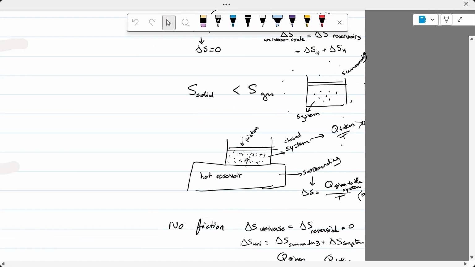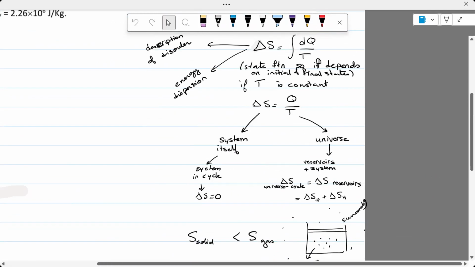Professor, in the formula for delta S universe for a cycle, what's the subscript of the first delta S? Reservoirs? Let me see. I forgot what I was talking about here. So I said it's delta S of the reservoirs.